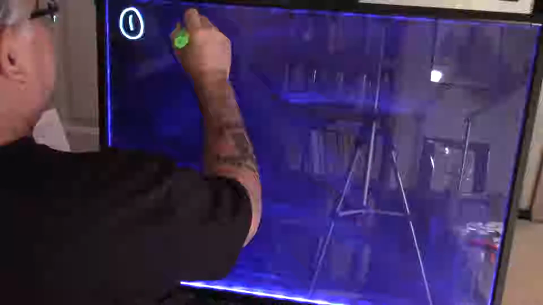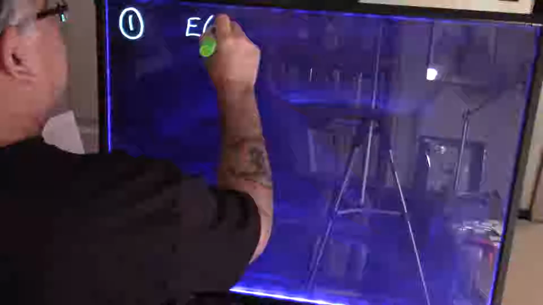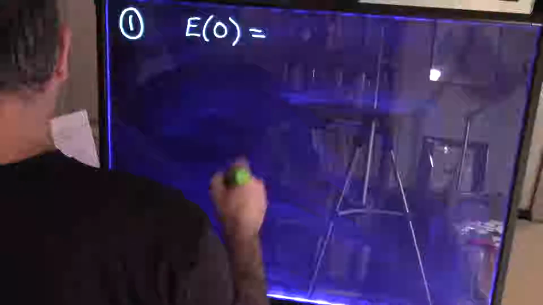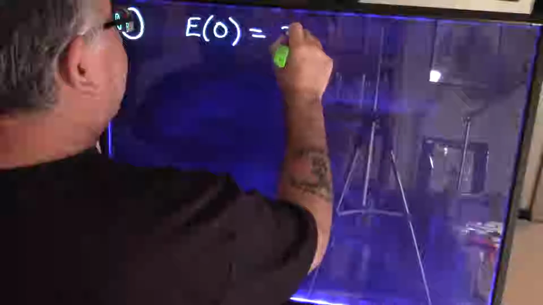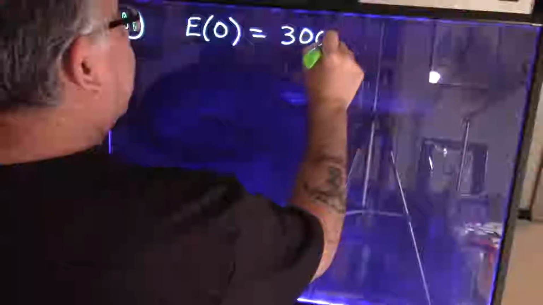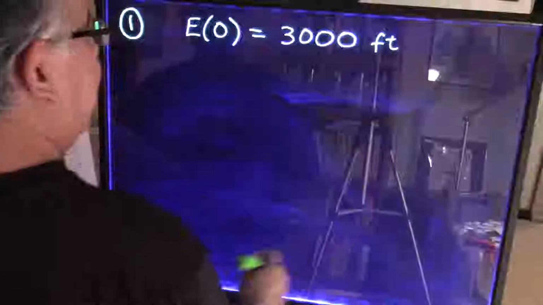So E of 0 would be his starting elevation. Just let t equal 0 in that function E of t, and you get 3,000. And we're talking about feet here.